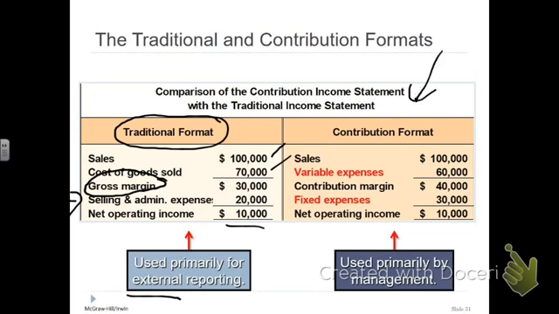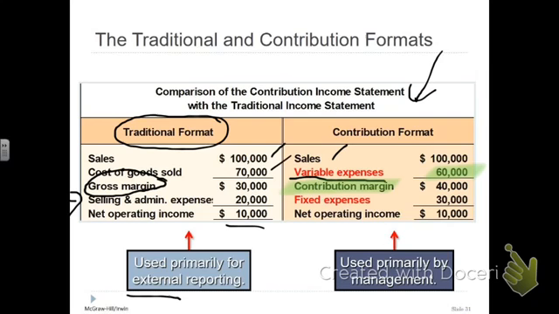Under a contribution margin format, you're going to take your sales, and then you're going to subtract all of your variable expenses, whether those variable expenses are product expenses and/or selling and administrative expenses. So what you do is you move all the variable costs up here, and that will give you something called the contribution margin.